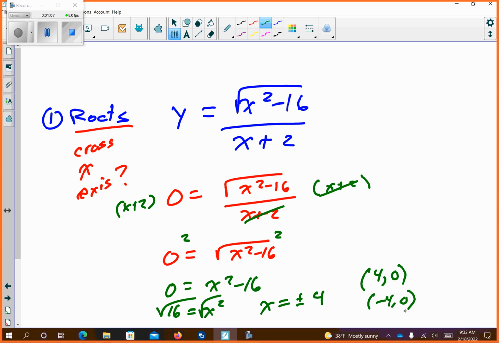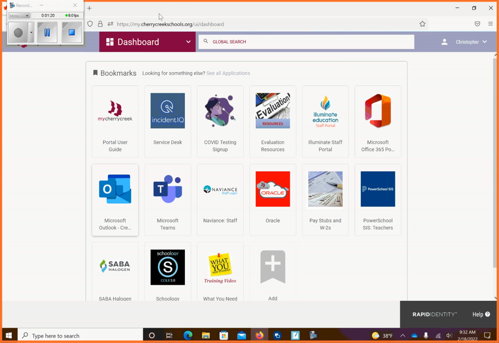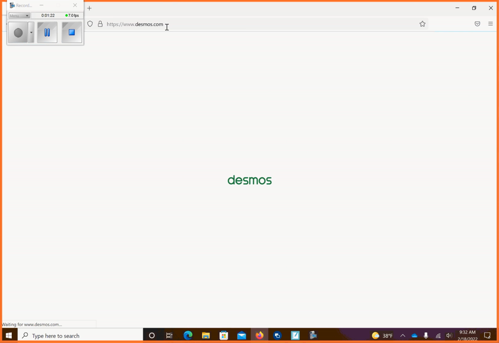Now, being that you are allowed to use Desmos on anything available, let's say you're doing this problem and you think, I totally don't know how to do it. Well, let's go to our friend, Desmos.